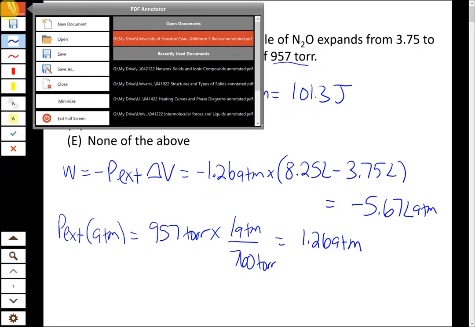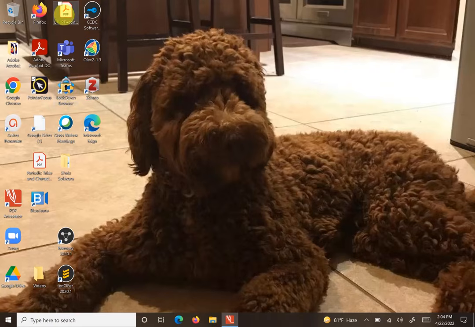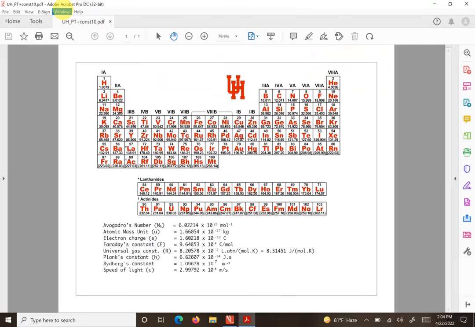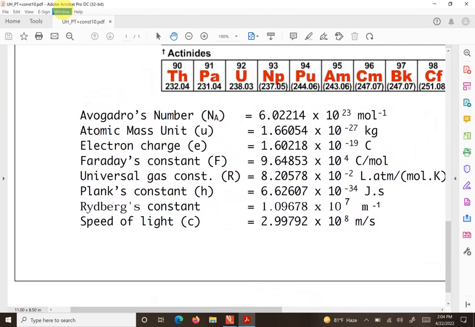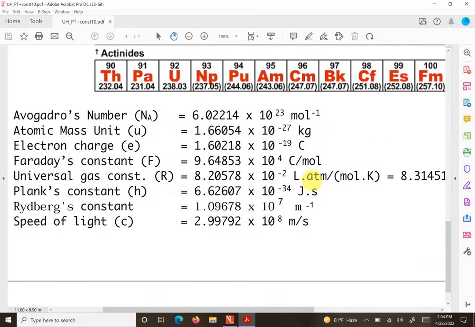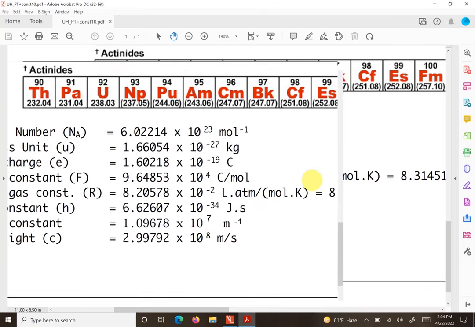Well, if you forget it, there is a way to help you recall. If you're on your periodic table here, we have a bunch of constants listed at the bottom, and the one that's going to be relevant to this is the universal gas constant R, which has 2 values here.